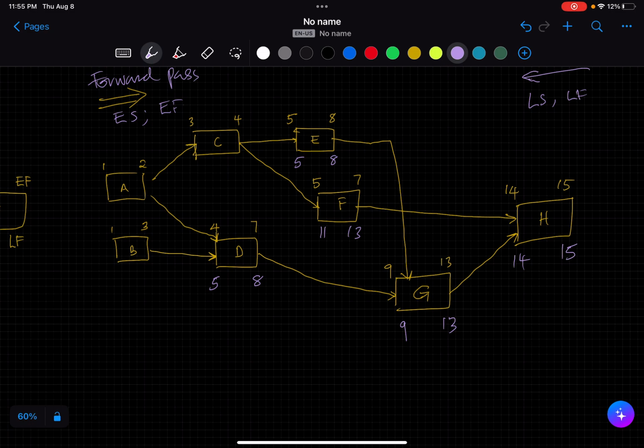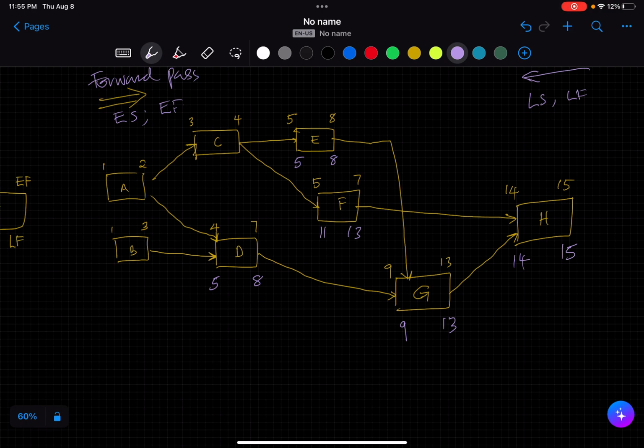Then now it's interesting. We need to take a step into C, right? Now C feeds into E and F. E has a different late start date than F, right? For E, the late start date is 5, and for F, the late start is 11.